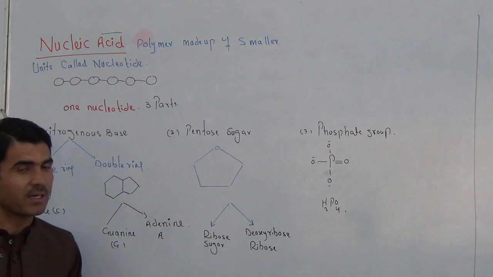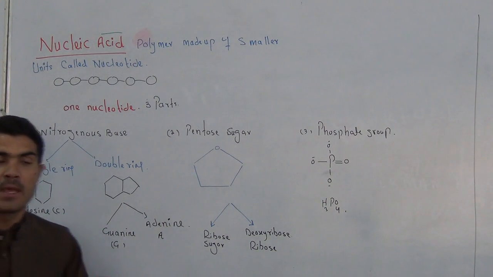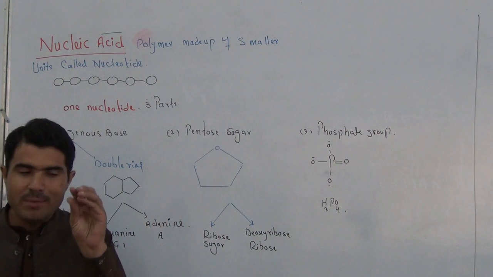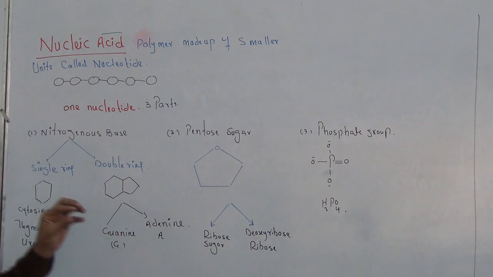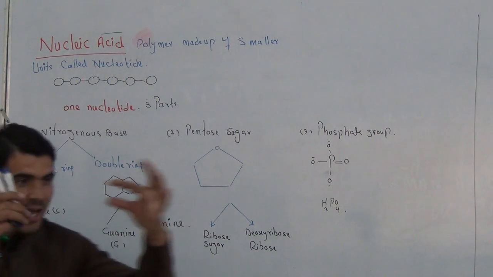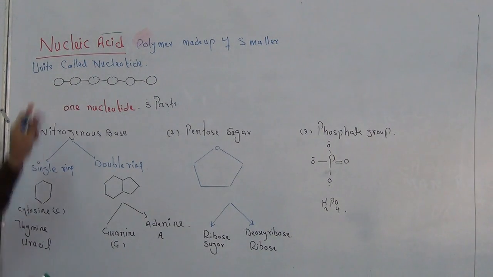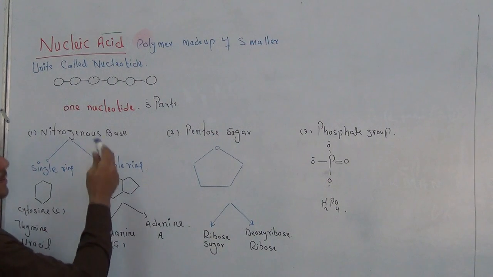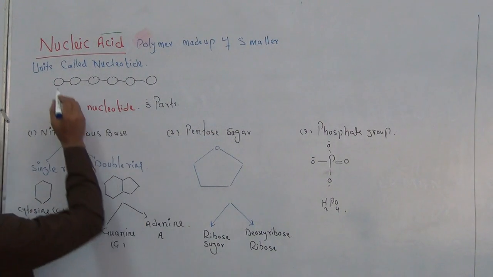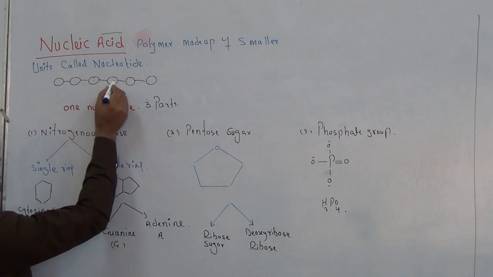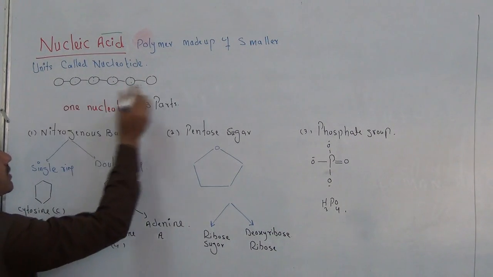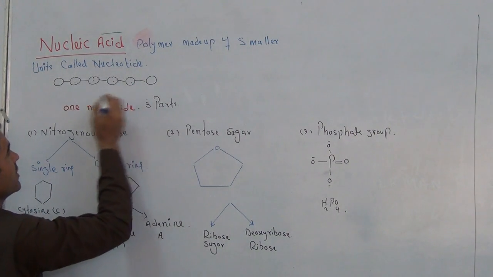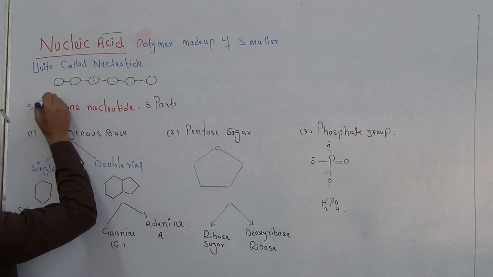A polymer, what is a polymer? When small molecules combine and they form one large molecule, that large molecule is called a polymer. Just as you can see, for the convenience, I have mentioned small circles are there. Look at that. These small circles are smaller units, right?